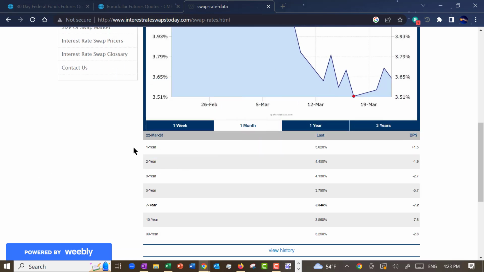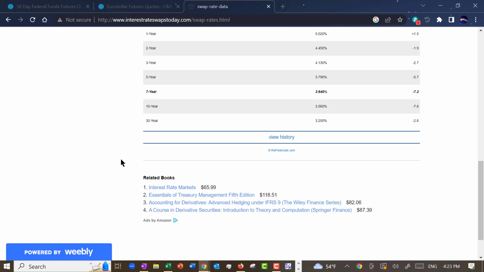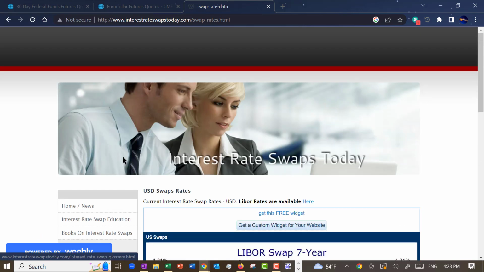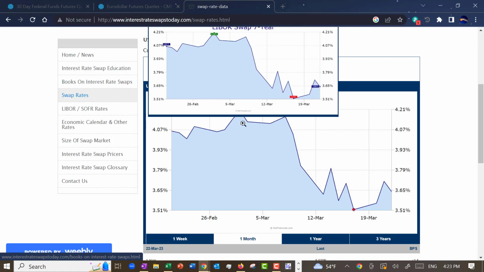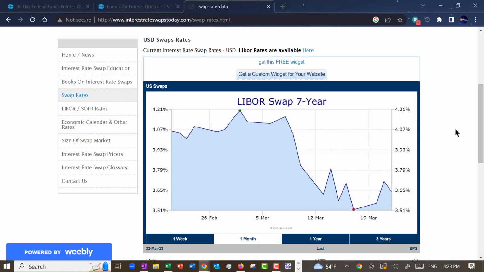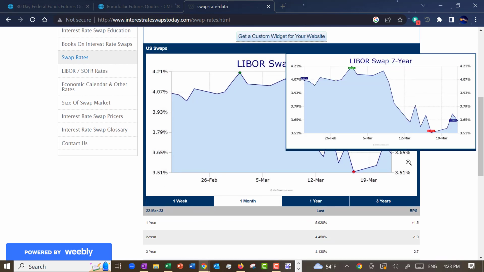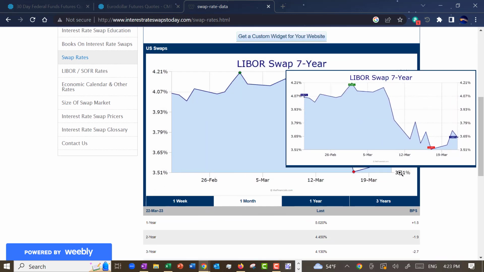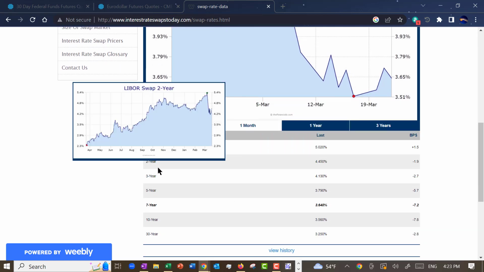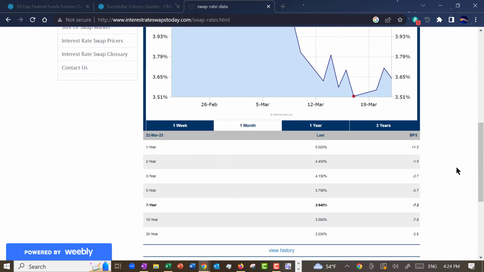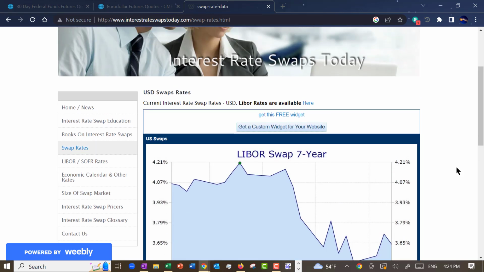For some reason, it's only 7-year here. Now, you'll just look at it from the market. Oh, here it is. 4.45%. Okay. I don't know what the frequency of that is. It's probably 3 months.